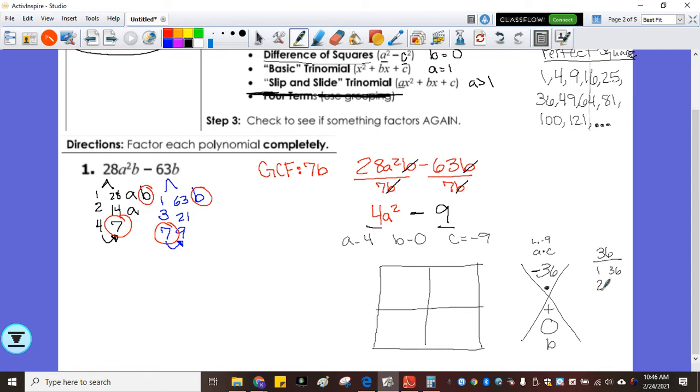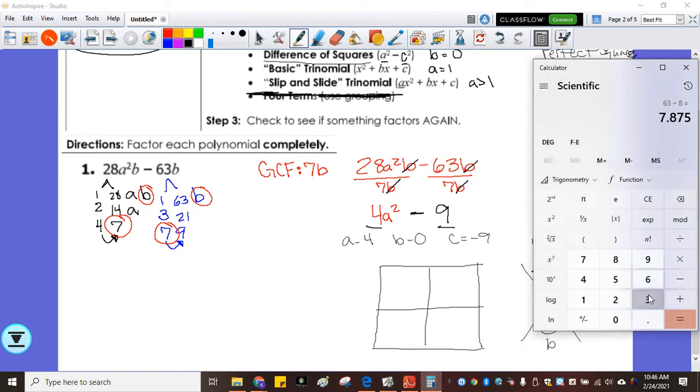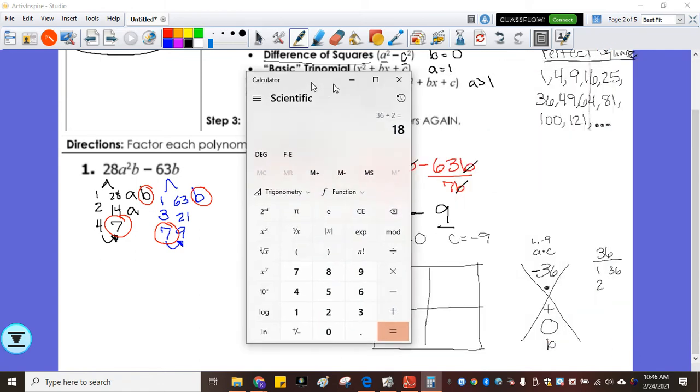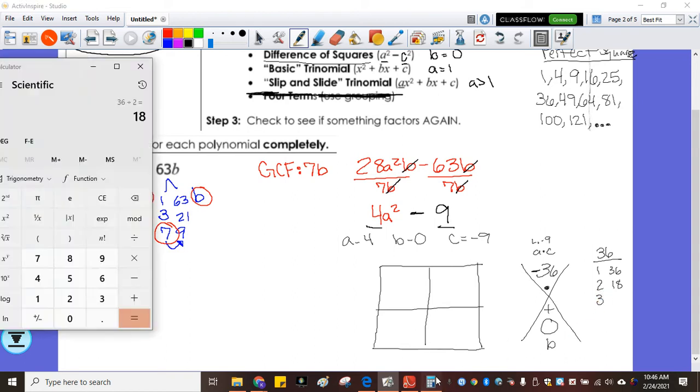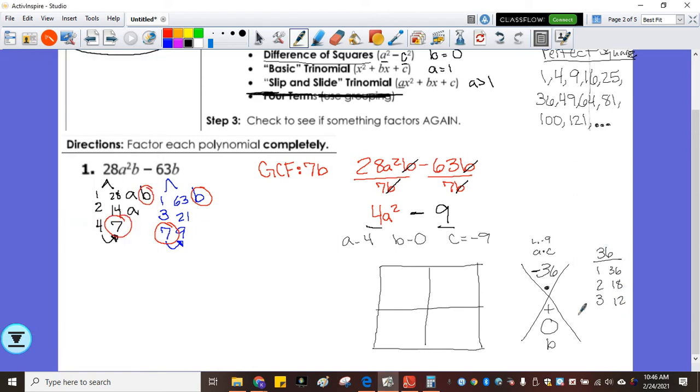It's even, so 2 goes into it. 18. 3 goes into it. 12. 4 goes into it. 9, because that's how we got 36 to begin with. 5, it doesn't end in a 5 or a 0, so it's not 5. 6 goes into it because 2 and 3 goes into it. And the next number I'd use would be 7, but it's after 6, so we know our list is done.